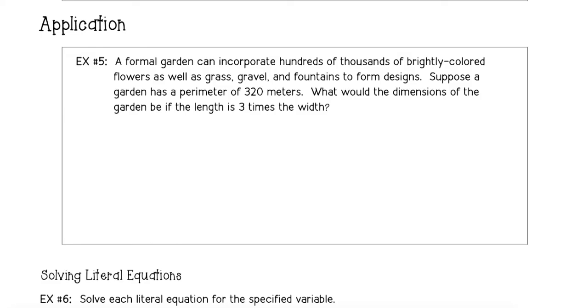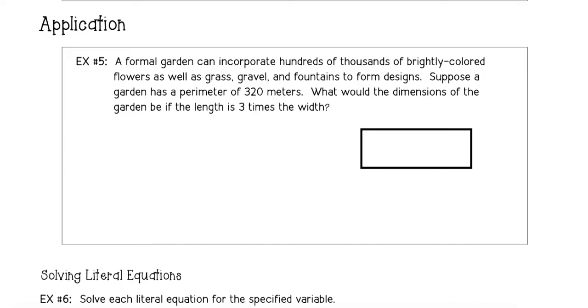The first word we need to identify is perimeter. Hopefully you remember perimeter is the distance around the outside. Then we want to find the dimensions of this. So let's draw a nice little rectangle.